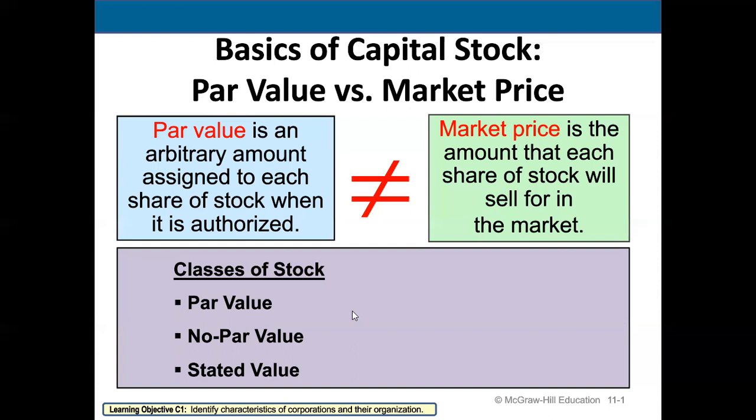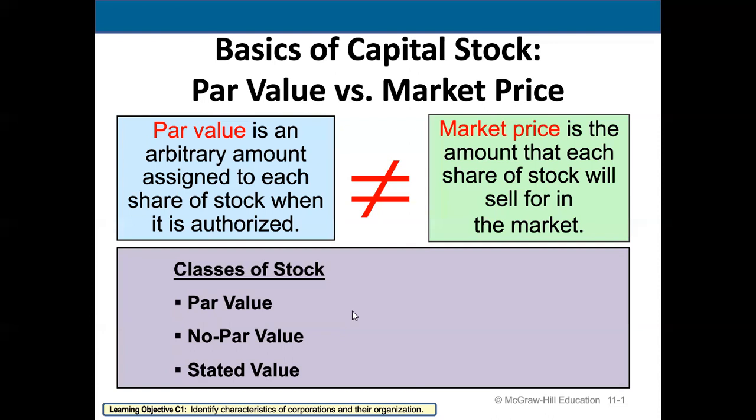Anyway, these are just terms that we need to know before we start understanding stock. Could you repeat the meaning of par value? Okay. Par value is a difficult concept to understand.